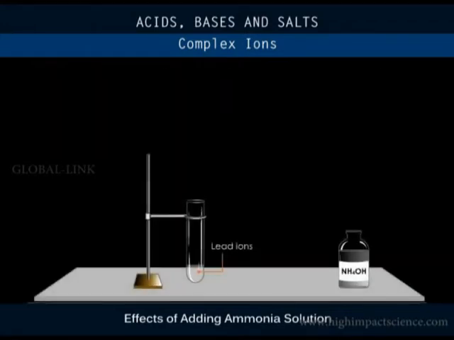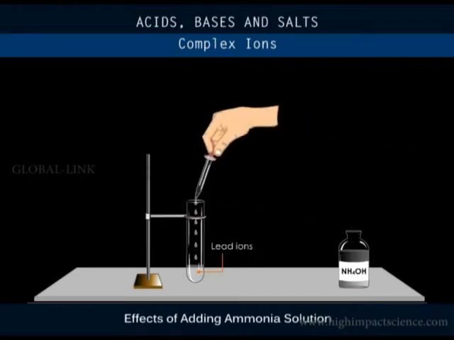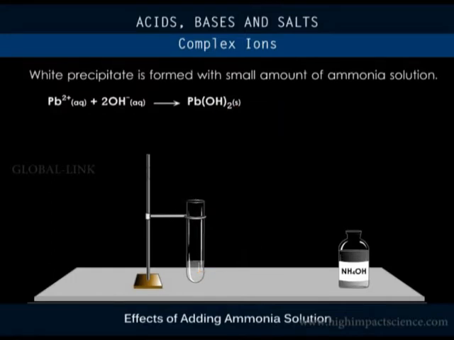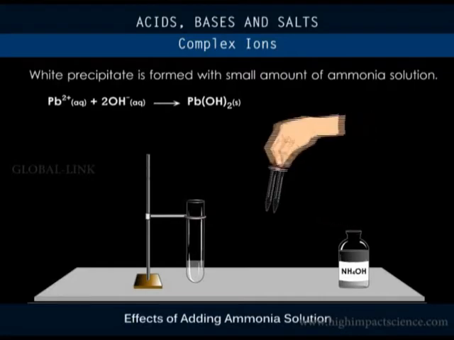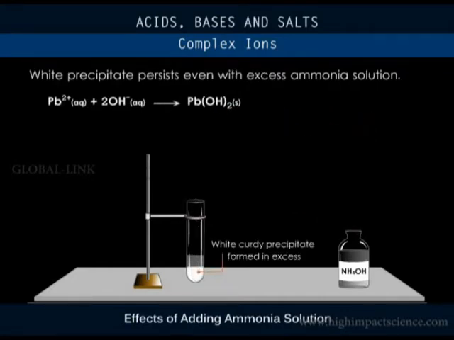Next is lead-2 ions. Add a small amount of ammonia solution. A white precipitate is formed. Excess amount of ammonia solution. The white precipitate persists this time.